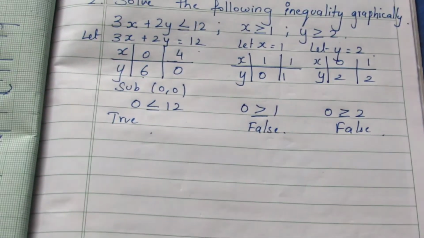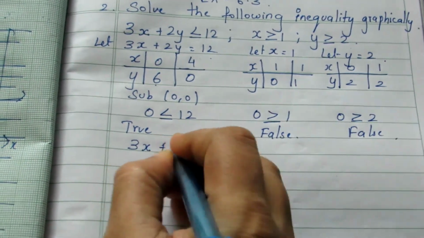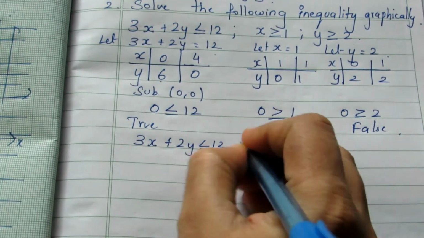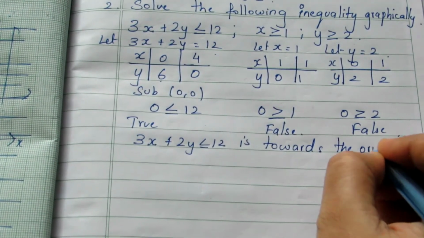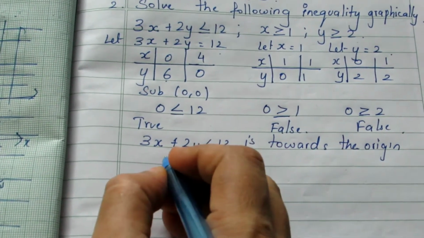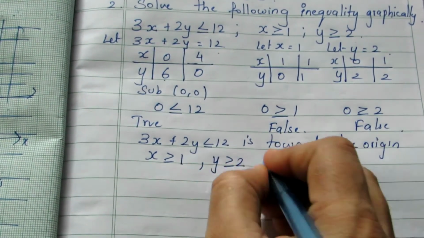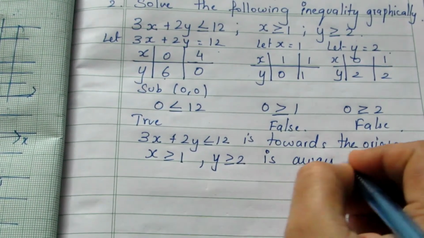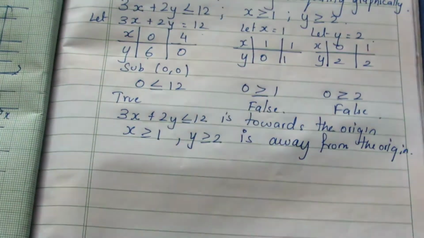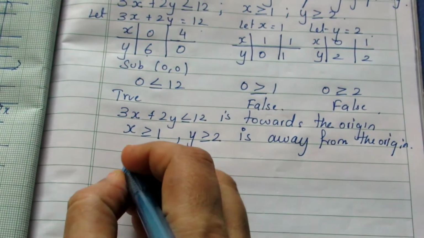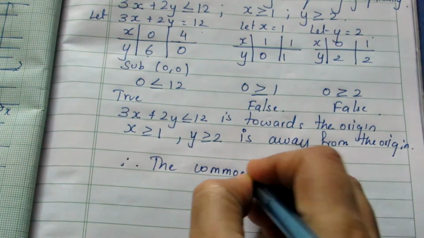So you can write that one is towards the origin, the rest of the graphs are away from the origin. So x is greater than or equal to 1 and y is greater than or equal to 2 are away from the origin. While shading, these two are away from the origin, we get the common shaded region.